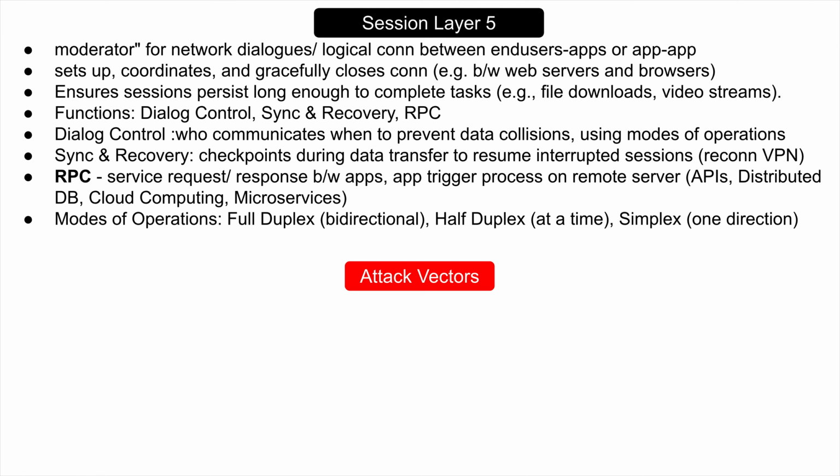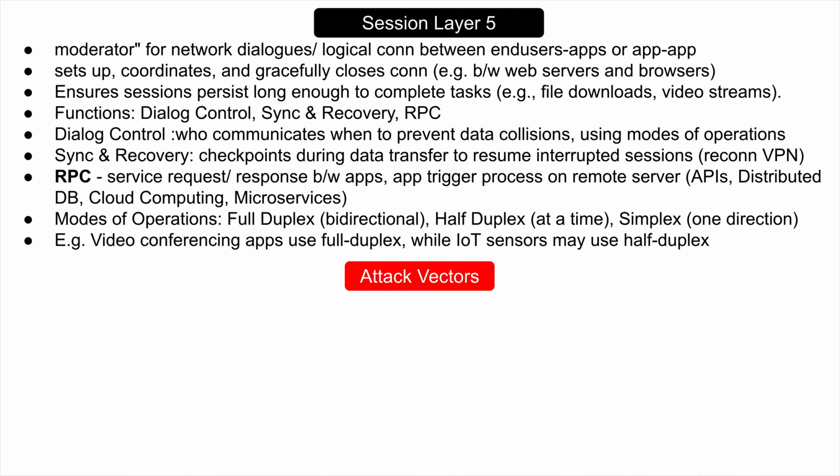It means that one device can communicate at a time, but this communication is two-way or bidirectional. And in simplex, the communication is only unidirectional, or in a single direction. For example, a video conferencing app uses full duplex, while IoT sensors may use half duplex.